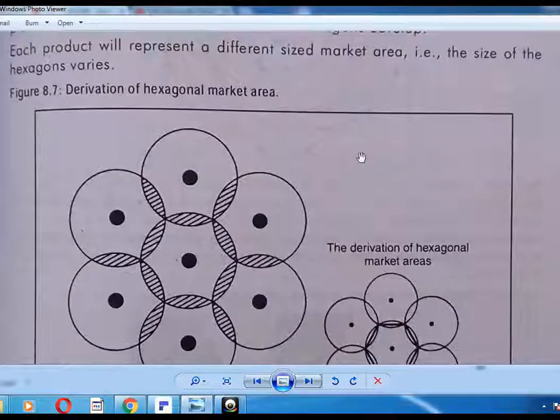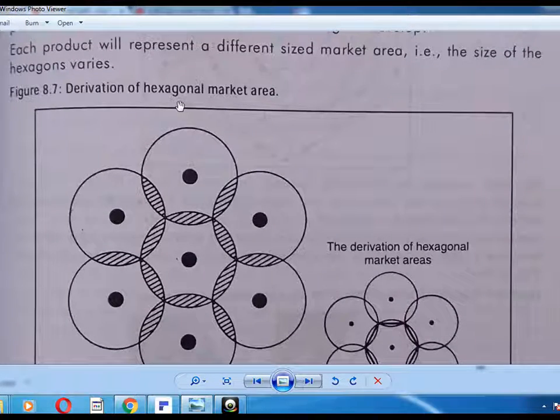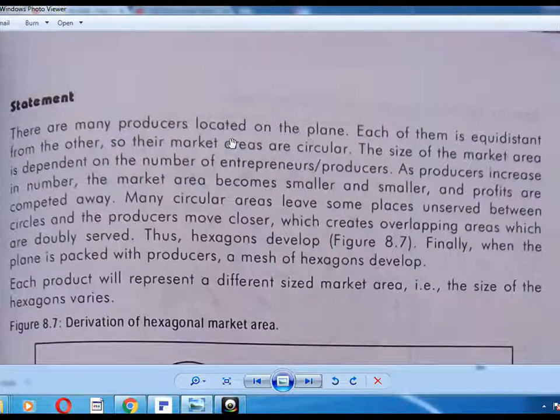Each producer will represent a different size market area. That is, the size of the hexagon varies. So there are many producers located on the plane, each equidistant from the other, so their market areas are circular. As producers increase in number, the market area becomes smaller and smaller, and profits are competed away.